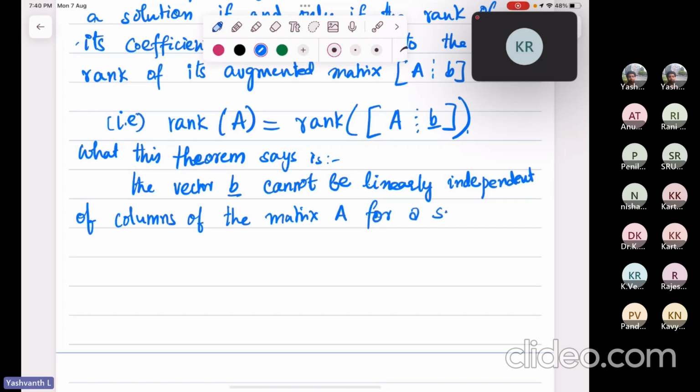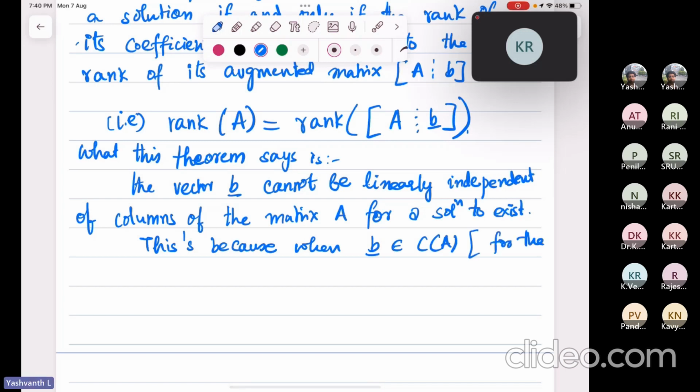This is because for the system to be consistent, b should lie in the column space of A.